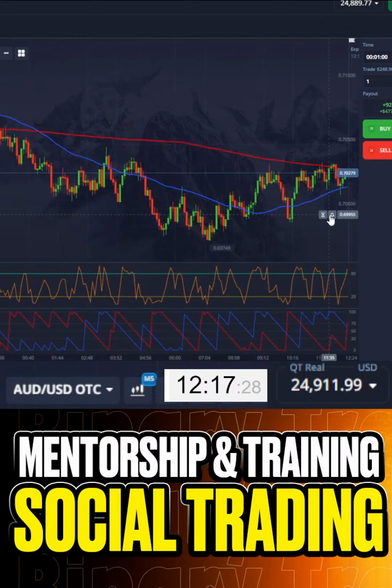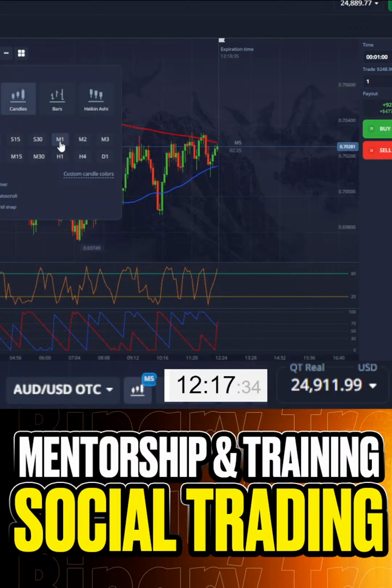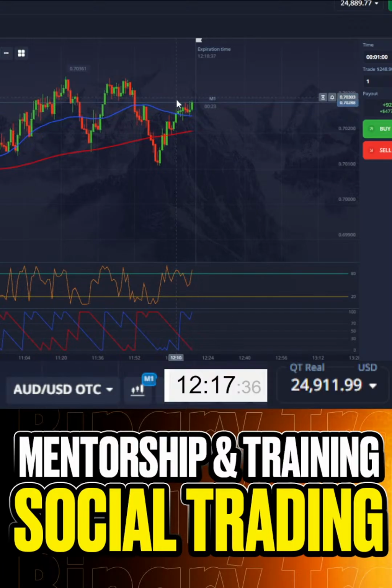On M5 we are also late and this is a correction. We don't need to play here because on M1 there are levels which need to break, and this level is the next one. We need to wait, and this situation is not good to trade.